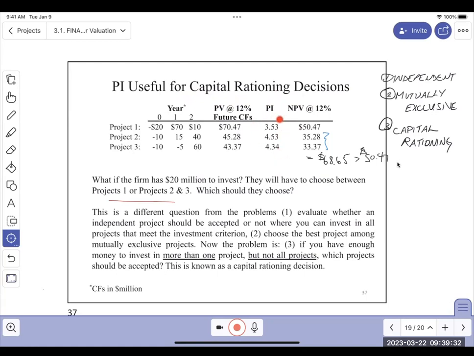If you look at the profitability index, calculated as the present value of future cash flows divided by 20 million or 10 million, and you rank these and put them in order, project 2 is the best, project 3 is next, and then project 1. So it shows that these are the top of the pack. Another reason to choose 2 and 3.